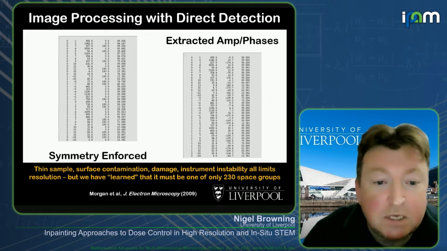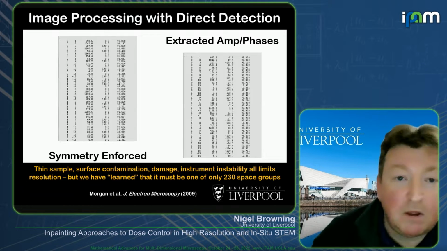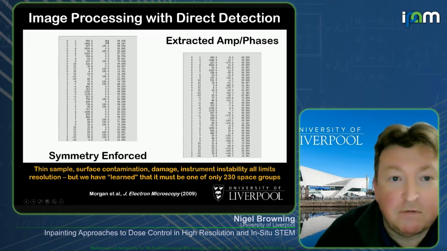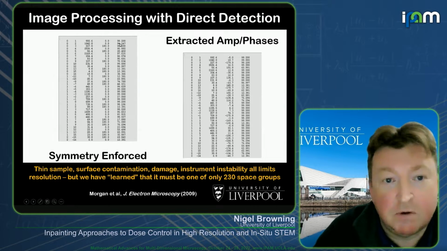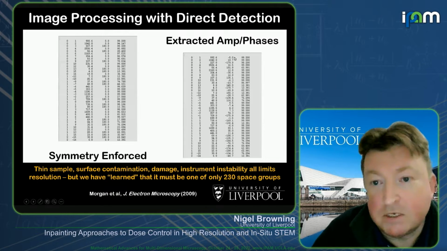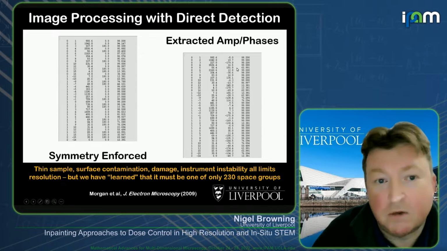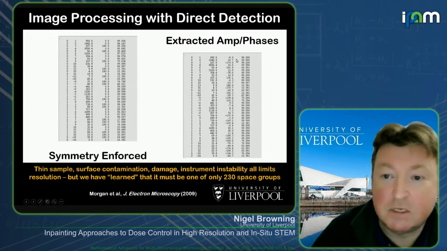And if you look at this, in this case, there are essentially just errors that come in the phases. So here they're supposed to be 0 and 180 degrees, and you can see they're either very small or close to 180 in terms of the phases that come into that.